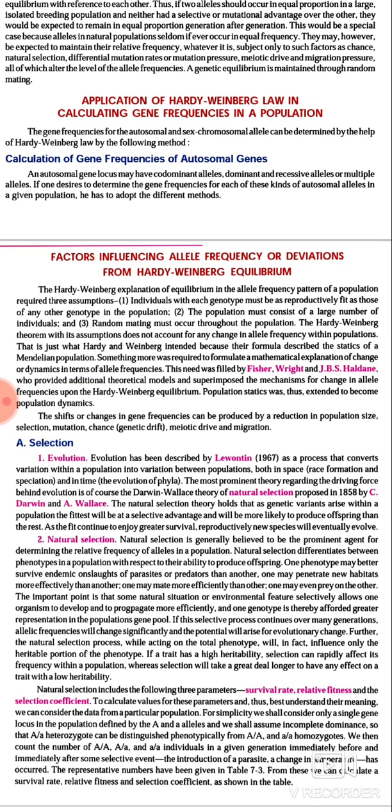We then count the number of capital A capital A, capital A small a, and small a small a individuals in a given generation immediately before and immediately after some selective event, such as the introduction of a parasite or a change in temperature, has occurred, and the representative members have been present. Then we calculate survival rate, relative fitness, and selection coefficient.